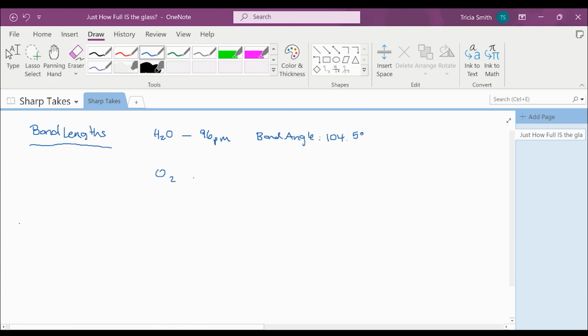O2 has a bond length of 120.7 picometers. N2 has a bond length of 109 picometers. Alrighty, and argon doesn't need a bond length because argon is monatomic, and therefore it's just hanging out by itself.